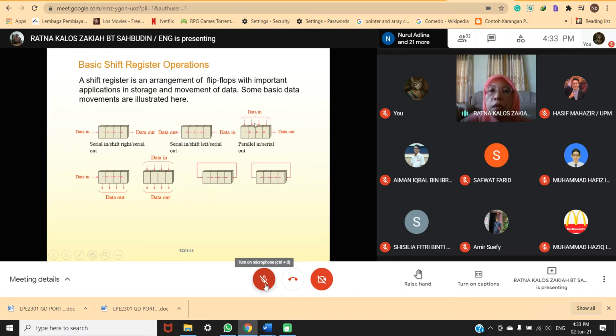This is parallel in from the top here, and then serial out. The next one is serial in, parallel out. And then this one here is parallel in, parallel out. And then you have rotate right, it's rotating to the right here. And then here is rotate left.